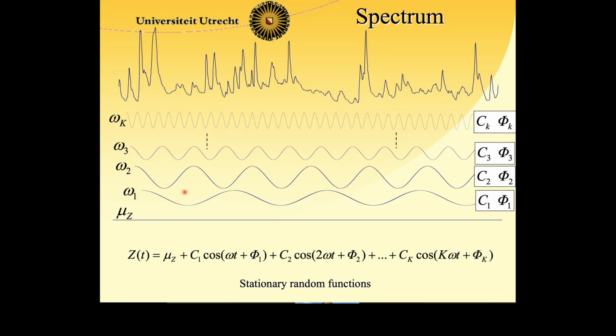So a stationary random function can be decomposed into random harmonic functions. That's the conclusion here.